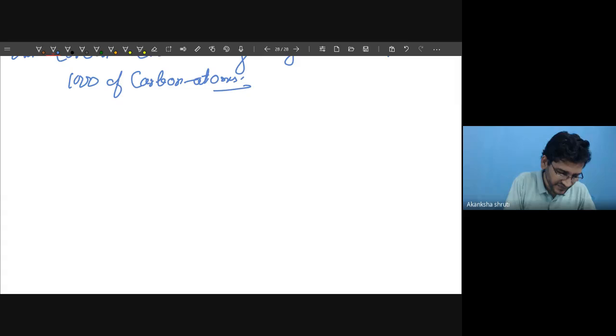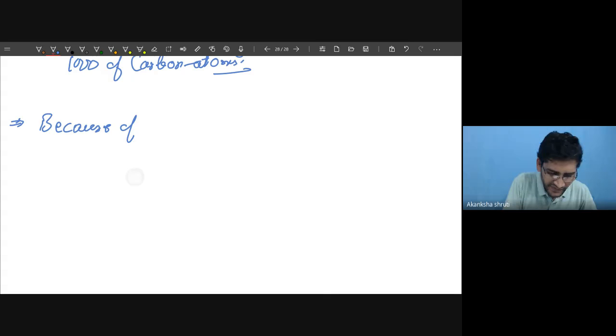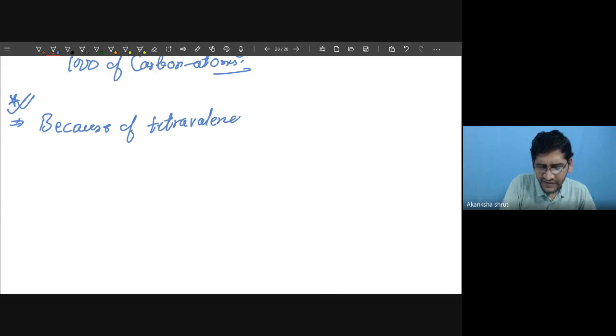So write this, because of, this is a very important note, student, you have to keep in mind: tetravalency, which leads to catenation also. Along with tetravalency, the smaller size of carbon helps in giving the catenation, because tetravalency is also there for silicon and germanium, they are also tetravalent, but they are not able to form big chains because their atoms are bigger.